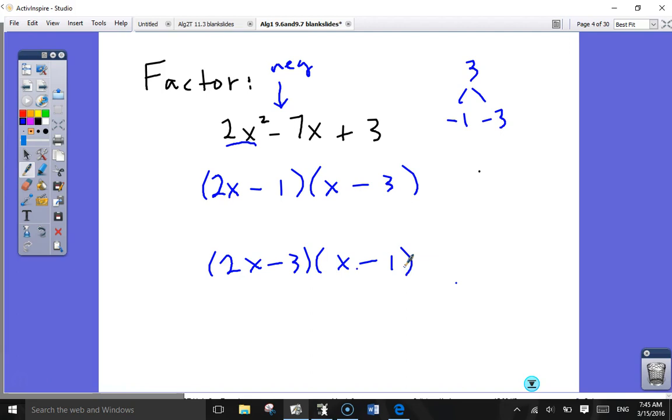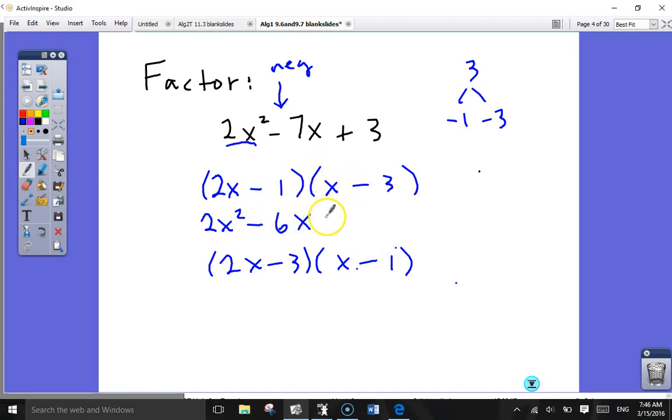When I multiply to get the first term, 2x times x, I get 2x squared, in both of these. And when I multiply to get the last term, negative 1 times negative 3, I get 3. I have to check that the middle term is correct. Which one of these do I end up getting the right middle term? Let's just FOIL it. 2x times x is 2x squared. 2x times negative 3 is negative 6x.